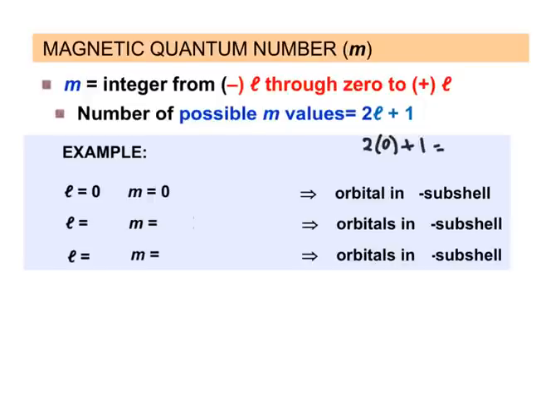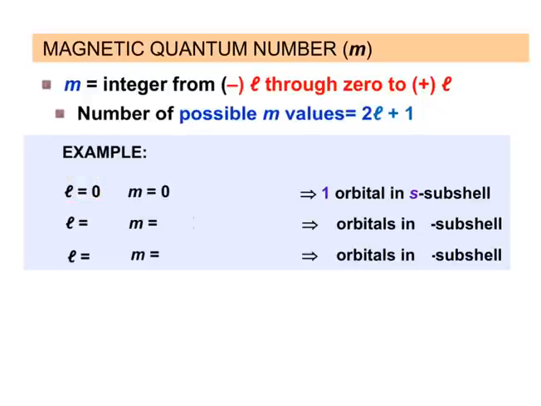Inserting 0 into this equation, there is only one possible m value. It means that there is only one orbital for azimuthal quantum number 0 and magnetic quantum number 0. Since the azimuthal quantum number is 0, this is an s orbital.